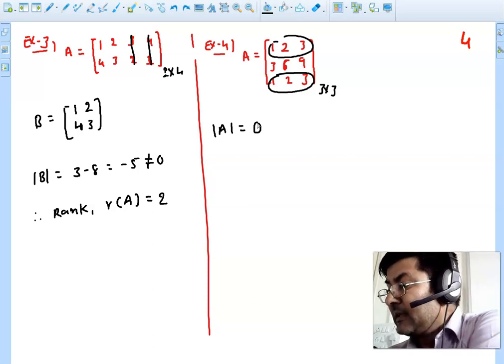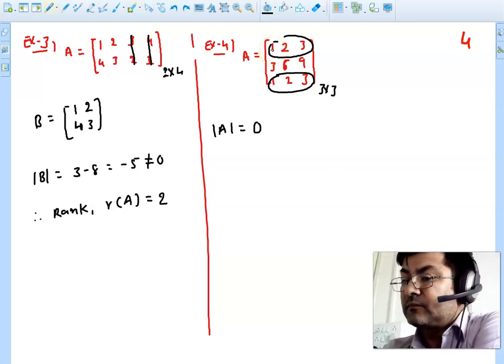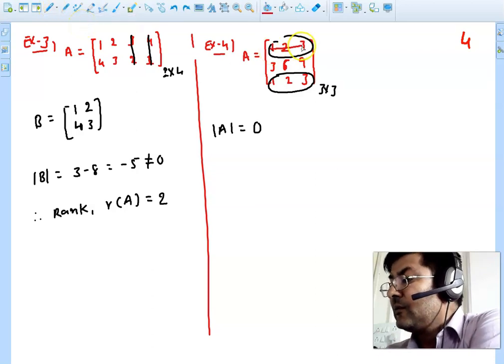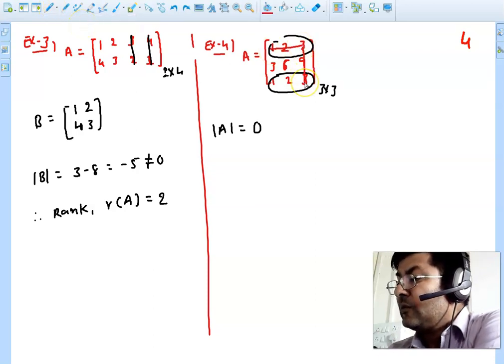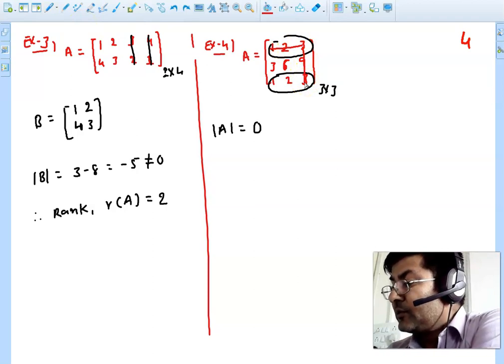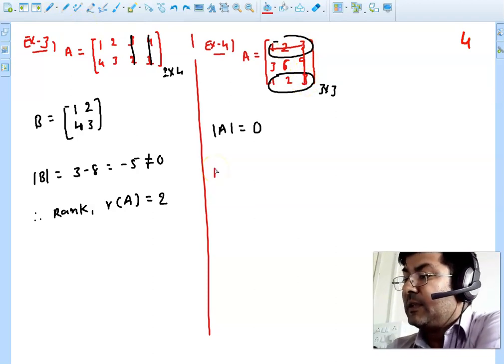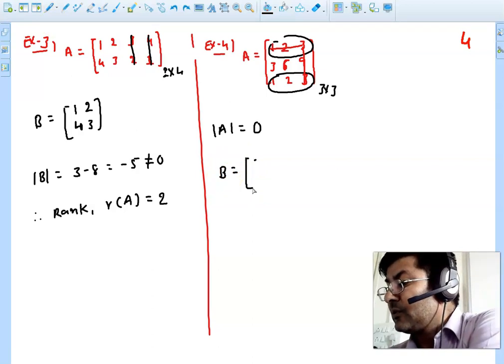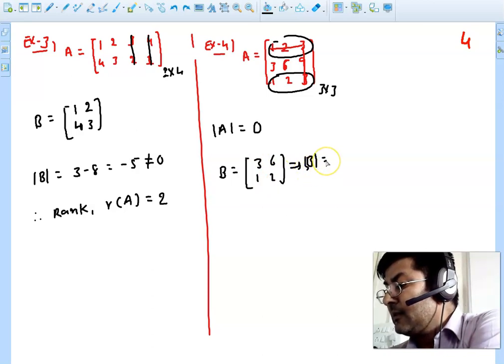From matrix A, let me obtain a matrix by deleting the first row and third column. Suppose we have matrix B obtained by deleting first row, third column: 3 6 1 2, and the determinant of matrix B will be 6 minus 6 equal to 0.